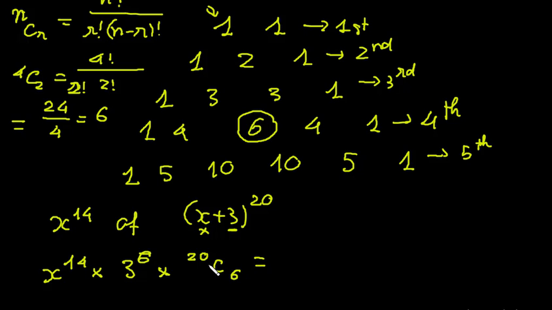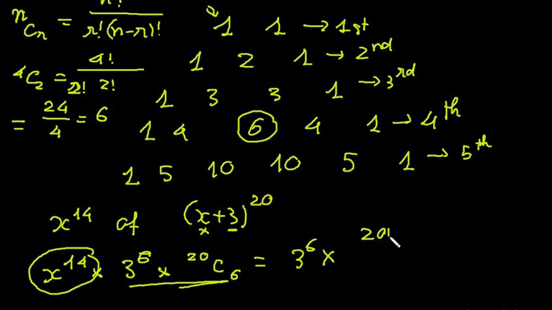So the coefficient of this one will be these multiplied by each other: 3 to the power 6 multiplied by 20 factorial over 6 factorial multiplied by 14 factorial, because 14 equals 20 minus 6.